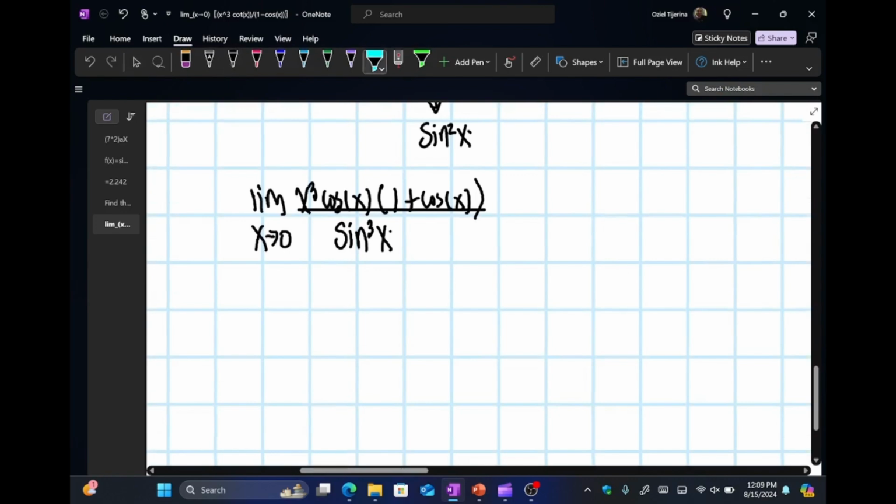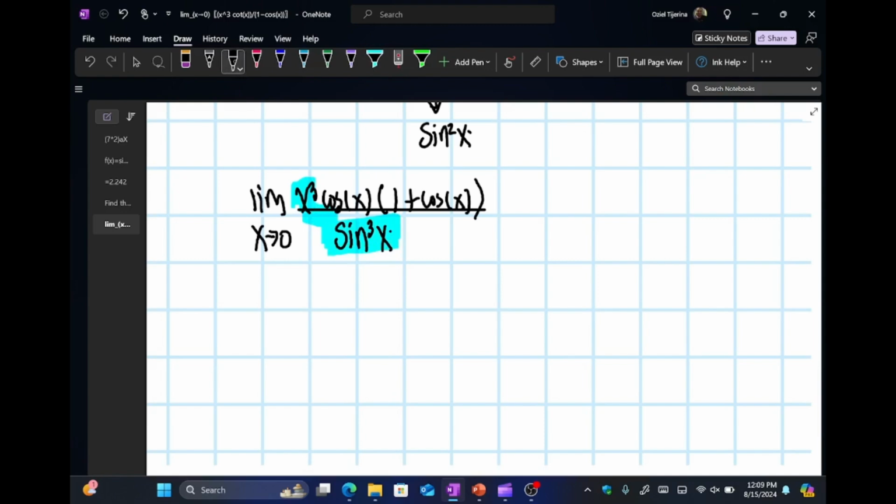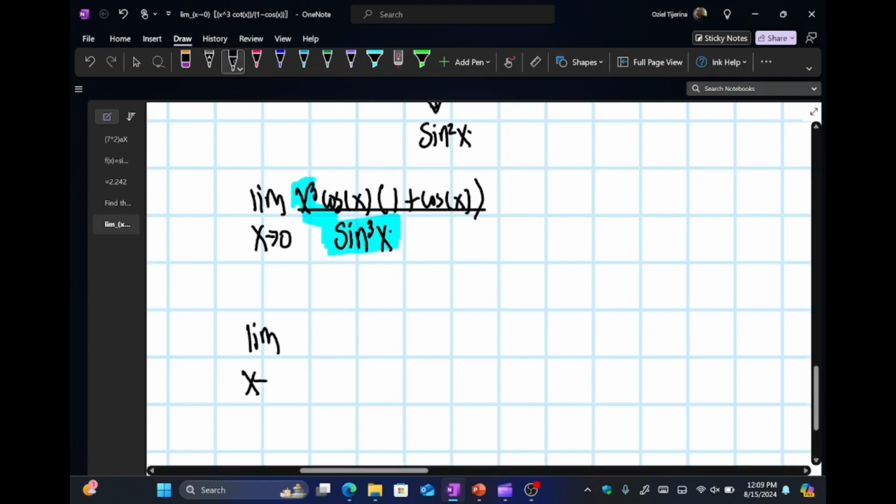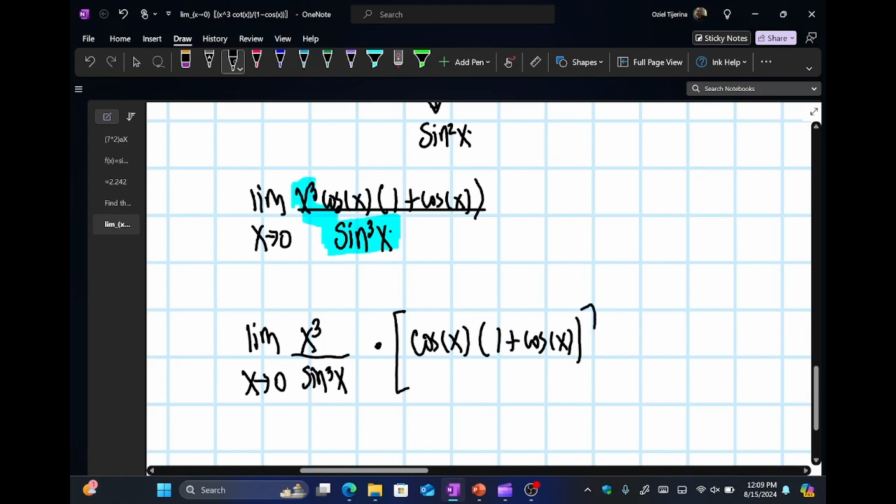Now notice, guys, that we end up with something like this. This is equal to the limit as x approaches 0 of x cubed over sine cubed x times the quantity cosine x times 1 plus cosine x.